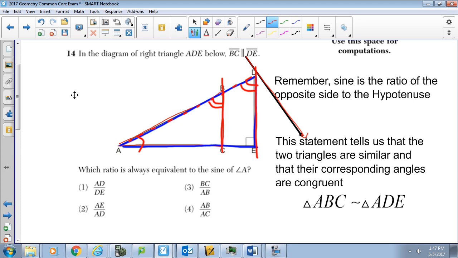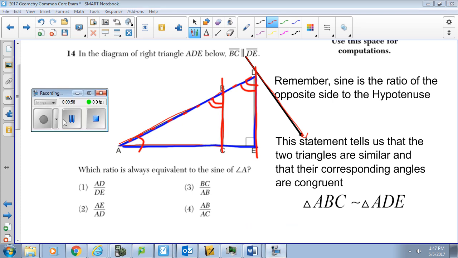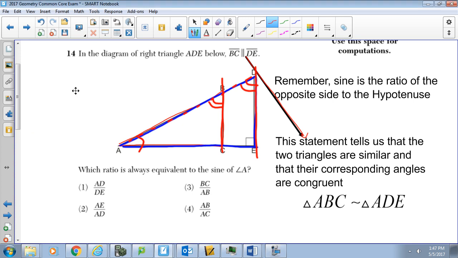So take a second and look at the problem. Okay, we're looking for which ratio is always equivalent to the sine of angle A. So we're dealing with angle A. All right, remember sine is the ratio of the opposite side to the hypotenuse. And I want you to write all this down also.